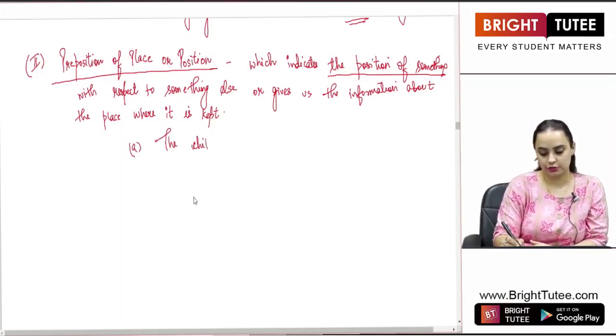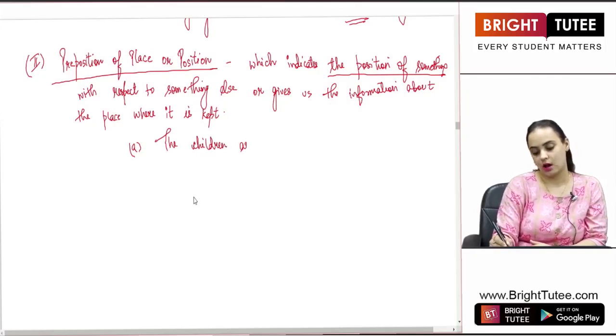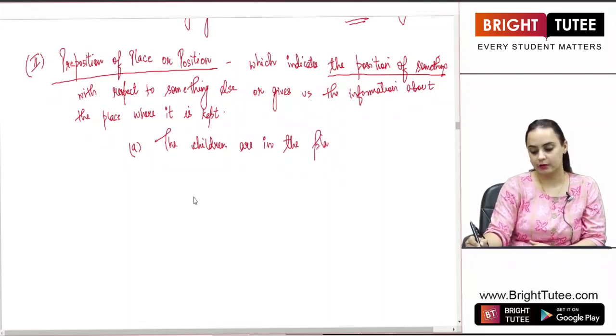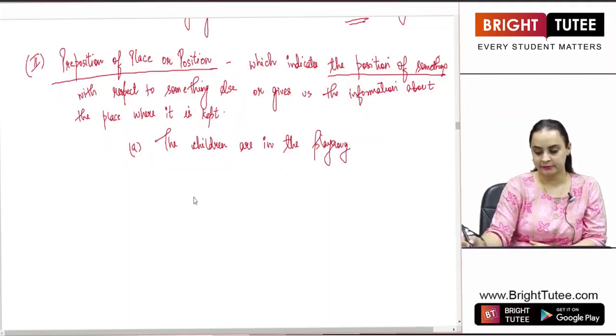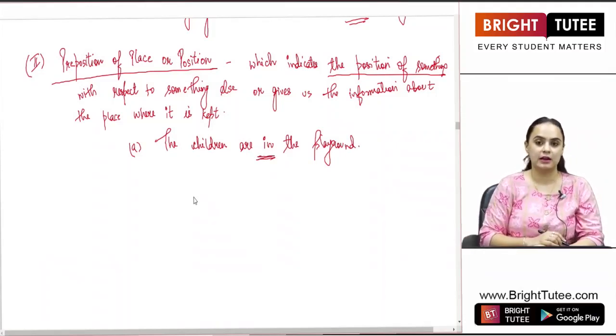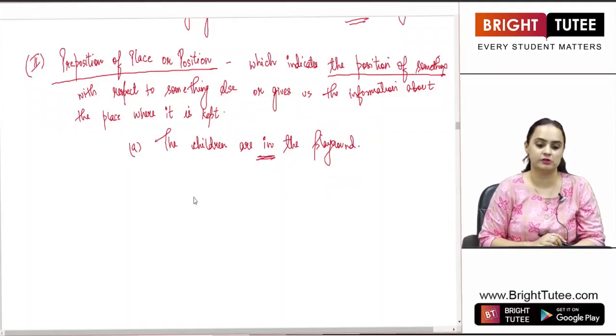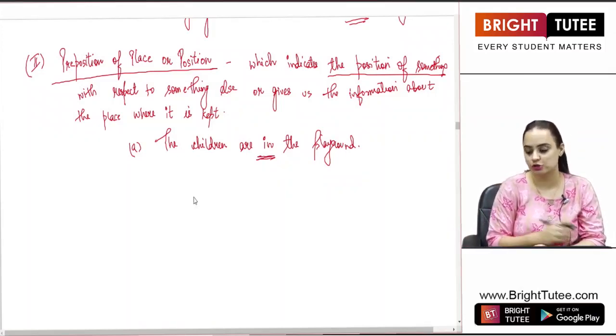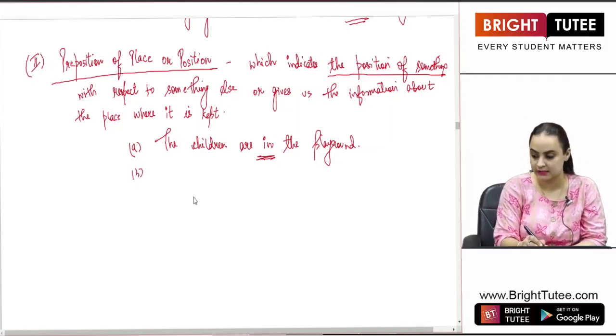the children are in the playground. So where are the children? In the playground. What is the position of the children? What is the place where the children are? In the playground. So in is a preposition of place.